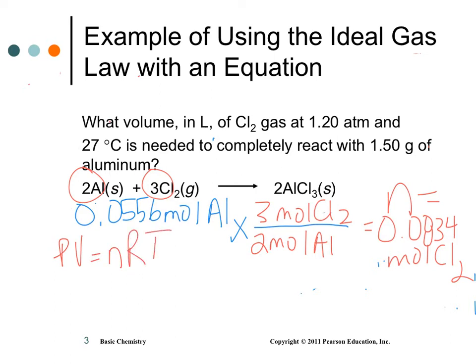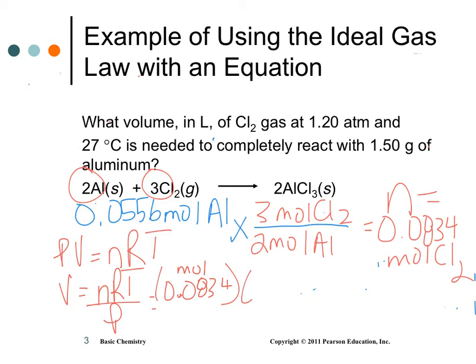So I'm going to take this and put it into PV equals nRT. And once I do that, I'm solving for volume. That's nRT over P. I got my n to be 0.0834 mole. I put mole on the top. I'm just worried about going to run out of room. Now I have 0.0821. That's going to be liter atmospheres per mole Kelvin.